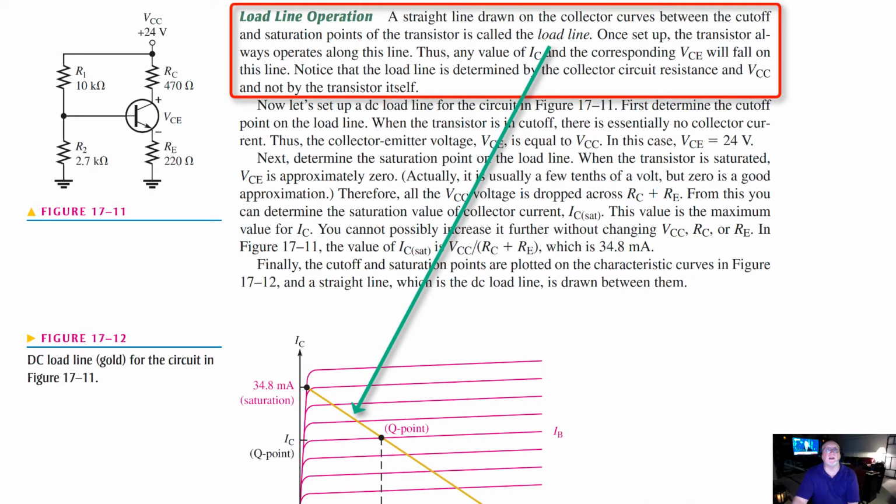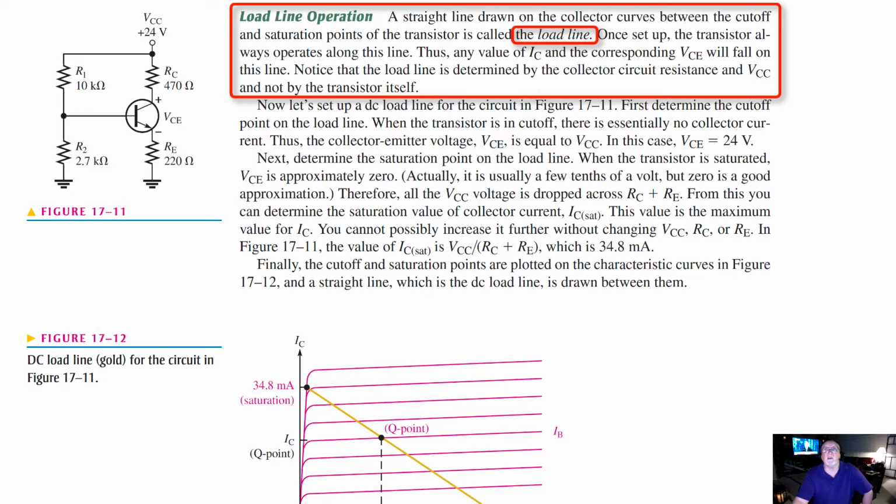So let's look at something called the load line operation. We can see down here in the diagram we've got this line with something called the Q point. A straight line drawn on the collector curves between the cutoff and saturation points of the transistor is called the load line. Once set up, the transistor always operates along this line.